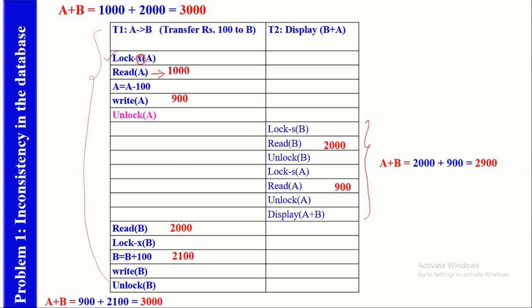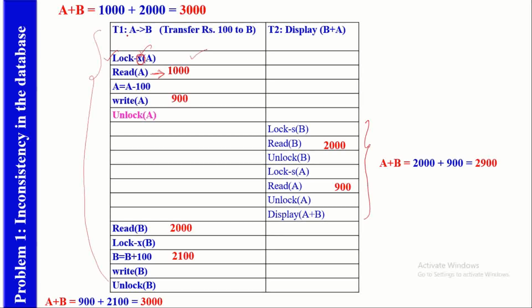Why exclusive? Because it is not only performing the read operation on A, it also performs a write operation on A. Since it performs both read and write operations on A, it requests an exclusive lock. When this request is made by T1, the lock will be granted because no other transaction in this schedule is holding a lock in conflict mode.